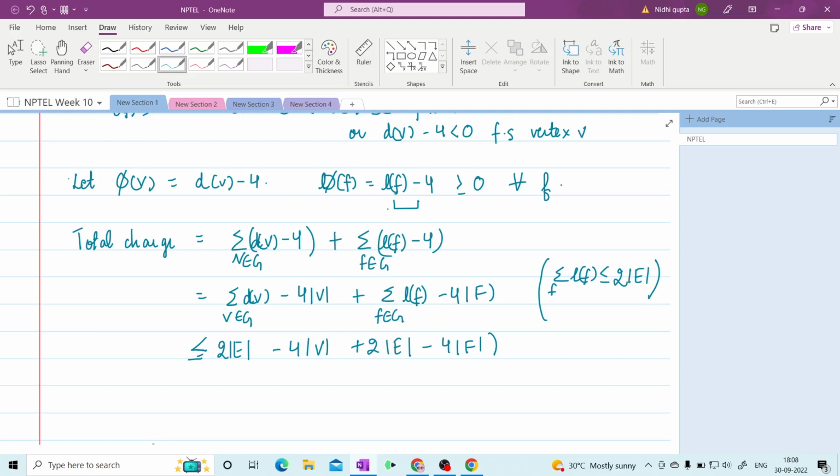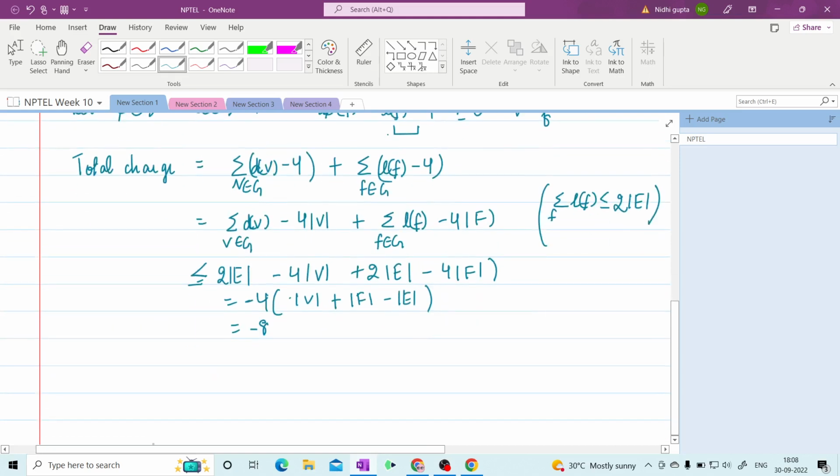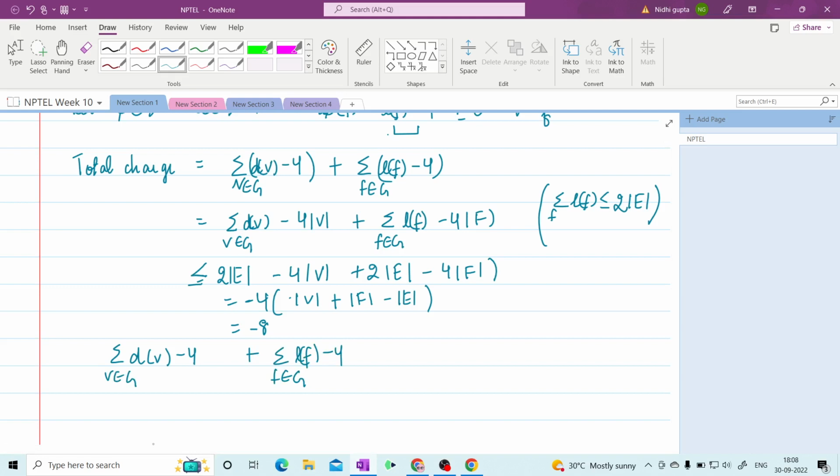If we look further, this is nothing but minus 4 times V plus F minus E, which is our Euler identity for planar graphs. So this is 8, and our total charge is coming out to be less than or equal to minus 8.